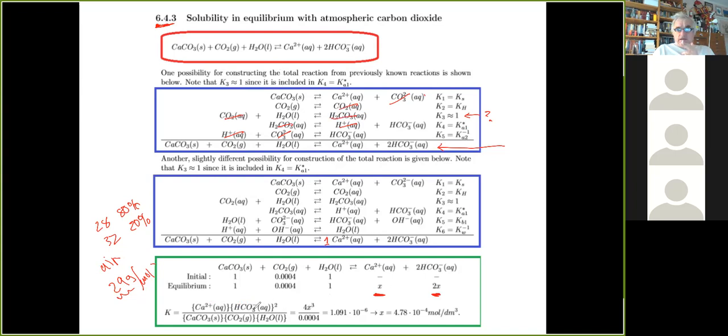typing it as HCO3 minus times a square, if we say it is 2x, it's 2 times. So instead of that 2, you write, so this is also 2x.